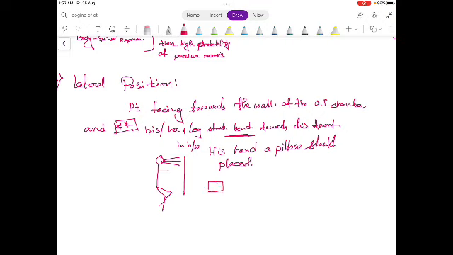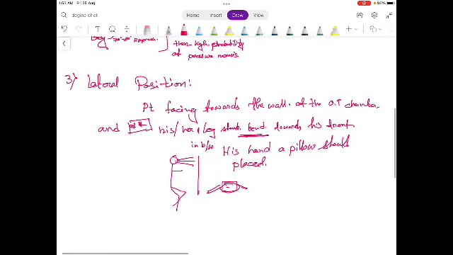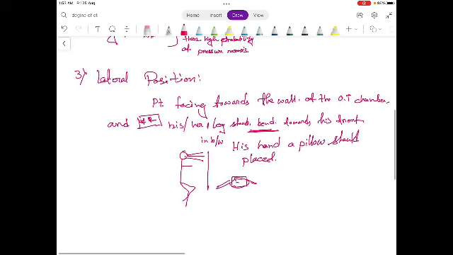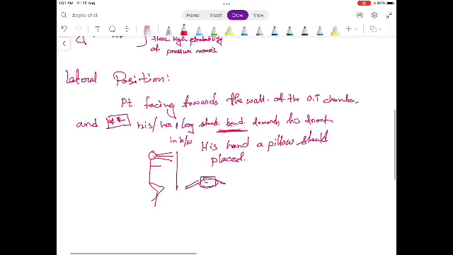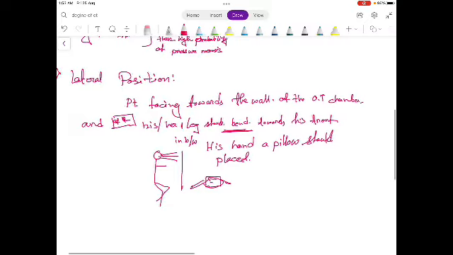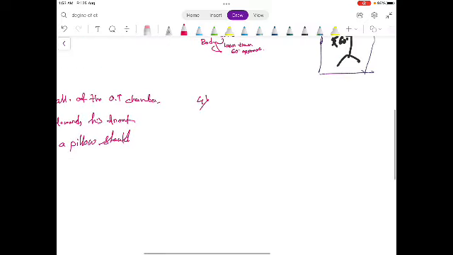Why should the pillow be placed? Because this is your arm and this is your chest, right? So between the two arms, to fill the gap, we have to place a pillow so that proper positioning happens, right? So this is exactly the thing we have to do in OT. This is not what you are told in the classes. So it is important for practical purposes, not for theoretical purposes, right?